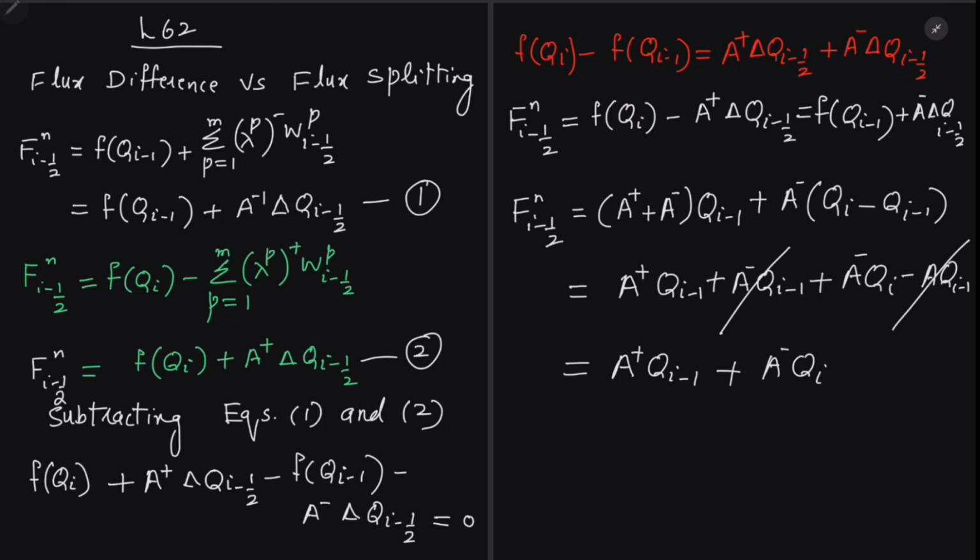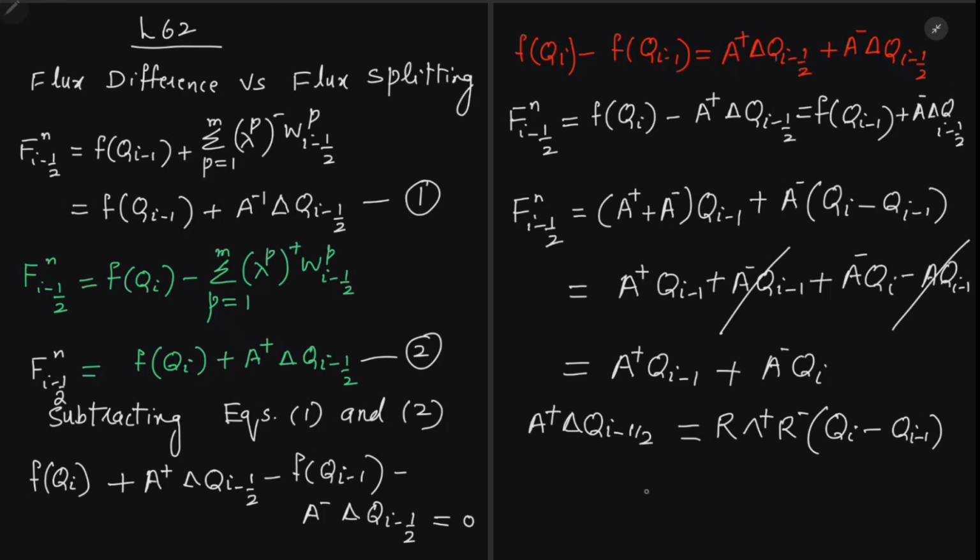This we already discussed earlier. Remember that once we had this equation, a plus delta q i minus 1 by 2, that was equal to r omega positive, r minus, and qi minus 1. That's what we had earlier.